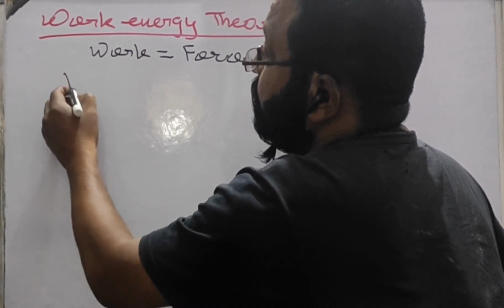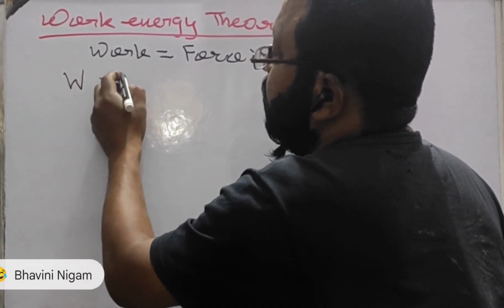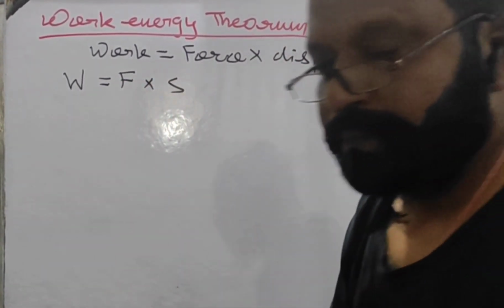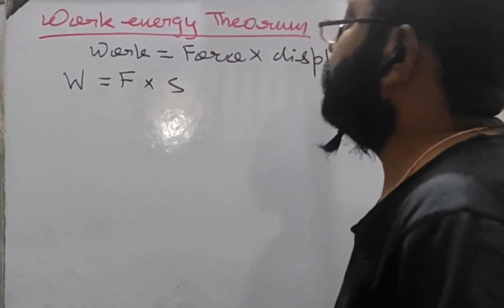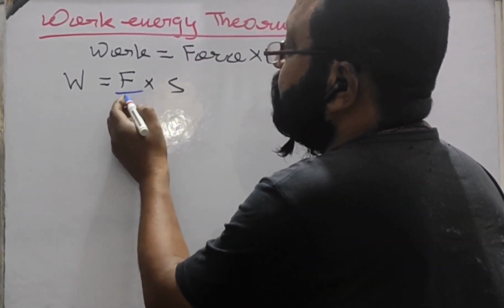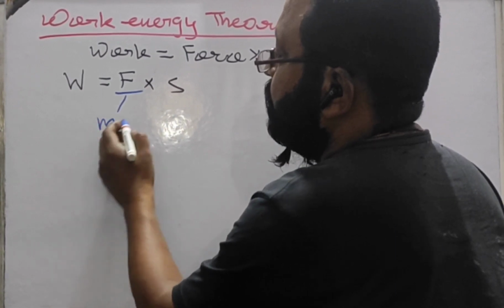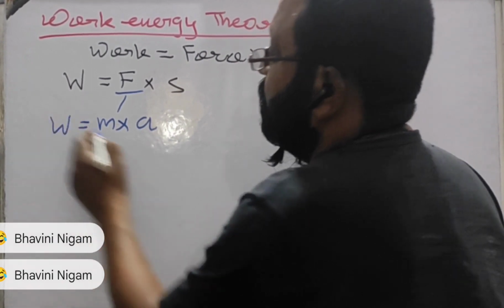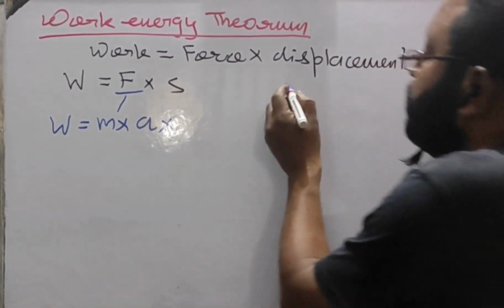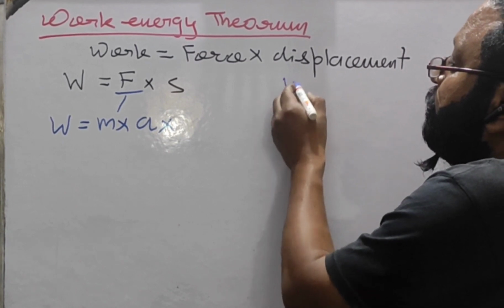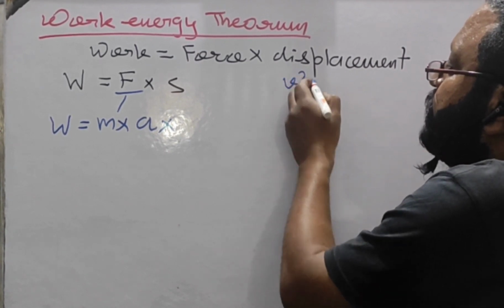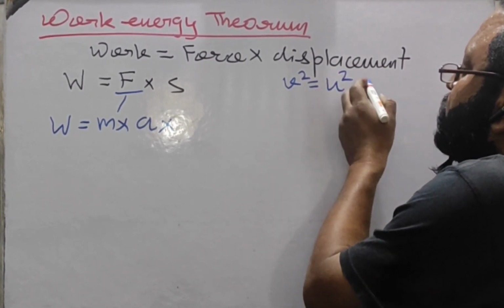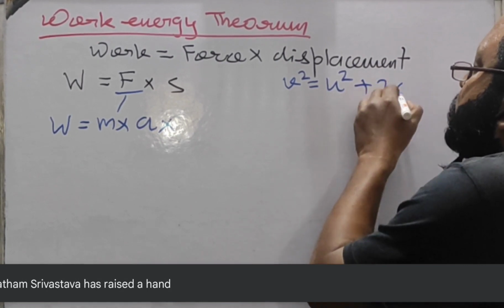So W is equal to F into S. I told you this F belongs to M into A. I also told you the third equation of motion, v square is equal to u square plus 2as, right?